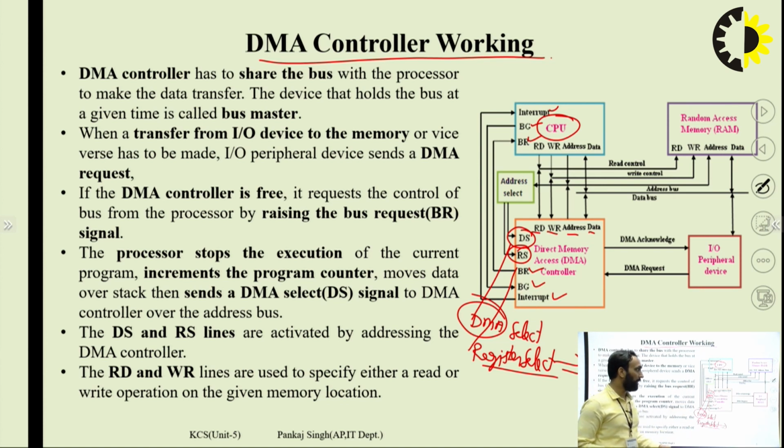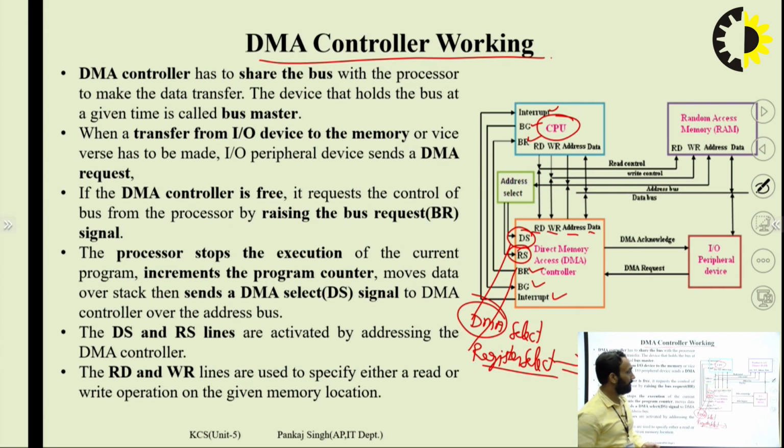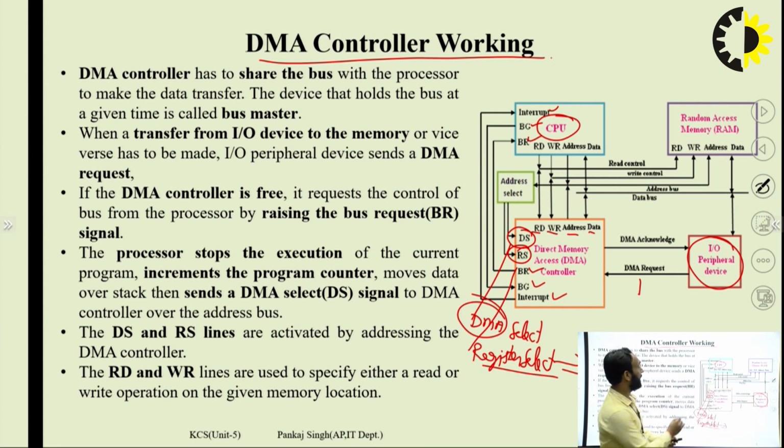So how will it work, as we discussed in the previous example? First, the peripheral device will send a DMA request to the DMA controller. Second, an interrupt request will go to the CPU for accessing this link.